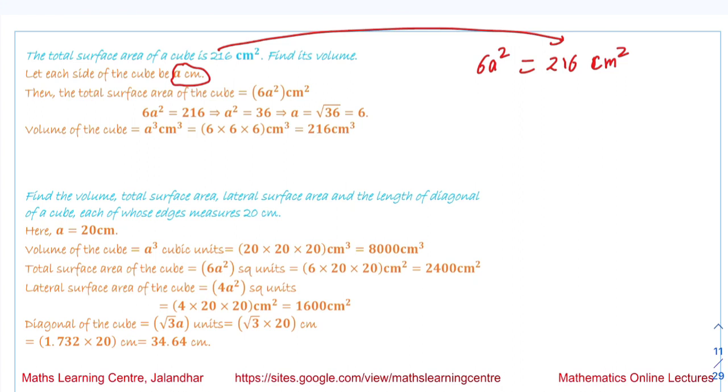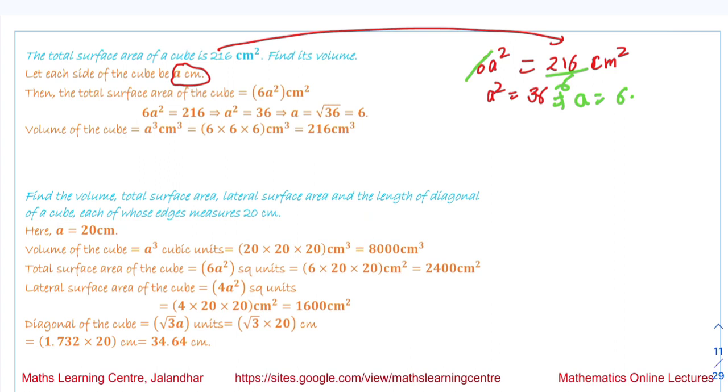When we solve, we get a square is equal to 36, as the 6 gets divided on both sides. So the value of a is 6. It is the positive value since it is a side length.